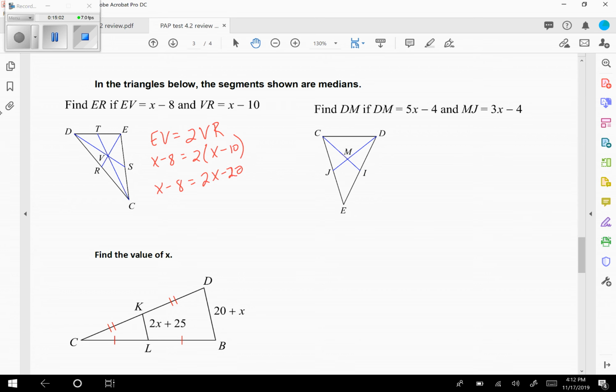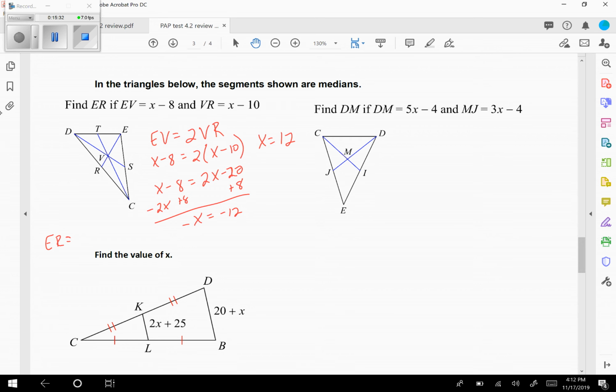Okay, and then we're just going to go ahead and solve for x. So minus 2x, we're going to add 8 and add 8 here. So x minus 2x is negative x, and negative 20 plus 8 is negative 12. So if you divide by negative 1, you just get x is 12. And so now we have to find ER, which is the whole thing. So basically we could take EV and VR and add them together.